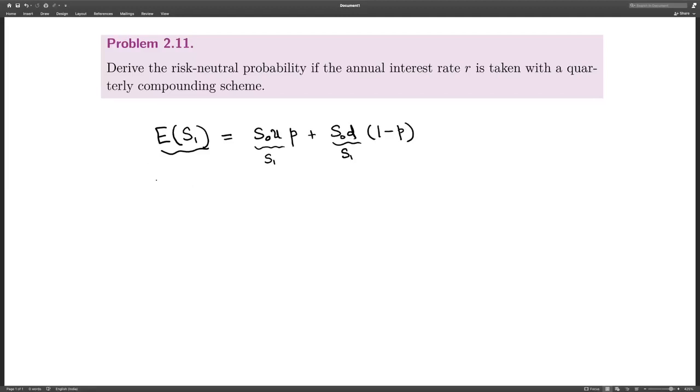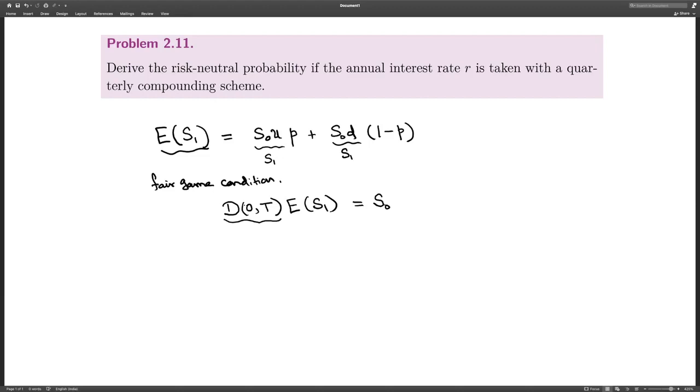Now, if you recall what we did from the fair game condition, if you discount this expectation between time t equal to 0 and t equal to capital T, this expectation of the stock price, you can imagine it as a value, and that is discounted by a factor, okay? That should be equal to your stock price at t equal to 0, that is S0.